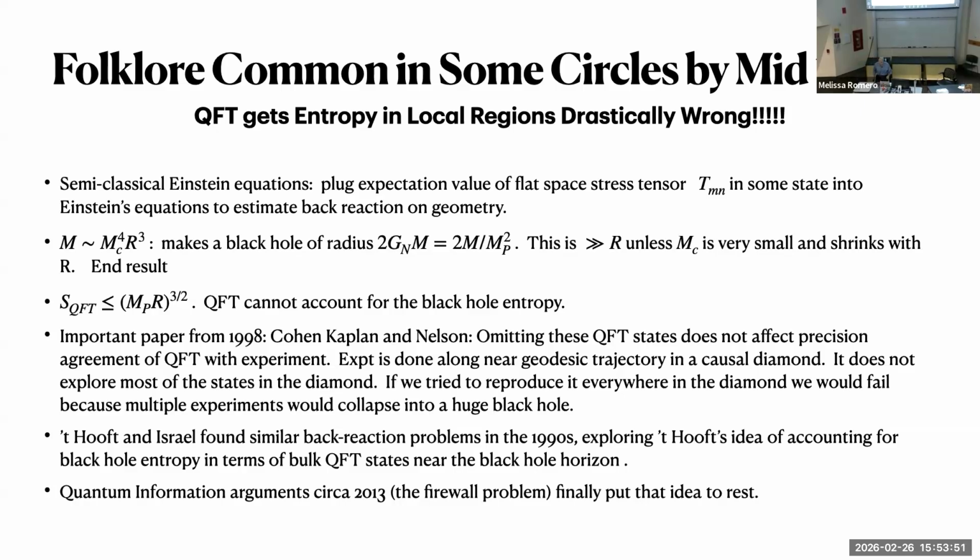I won't go into details about that, but in 2013, a whole group of other people started worrying about problems similar to the ones that 't Hooft and Israel ran into, that had to do with detailed issues with quantum information, the thinking about the information that supposedly comes out of the black hole when it emits Hawking radiation, and whether it's compatible with the fact that the black hole only has a finite amount of information in it.